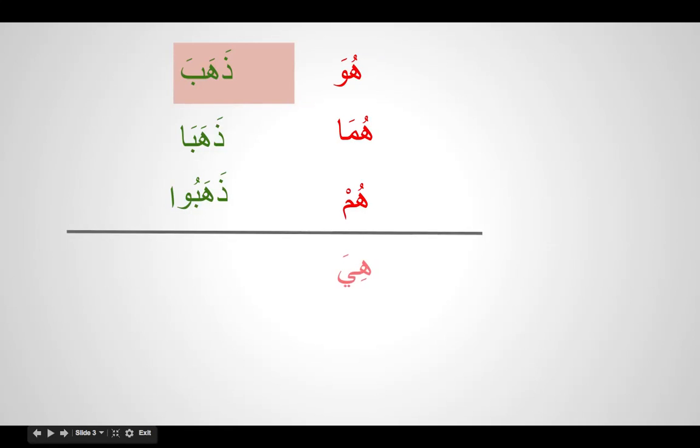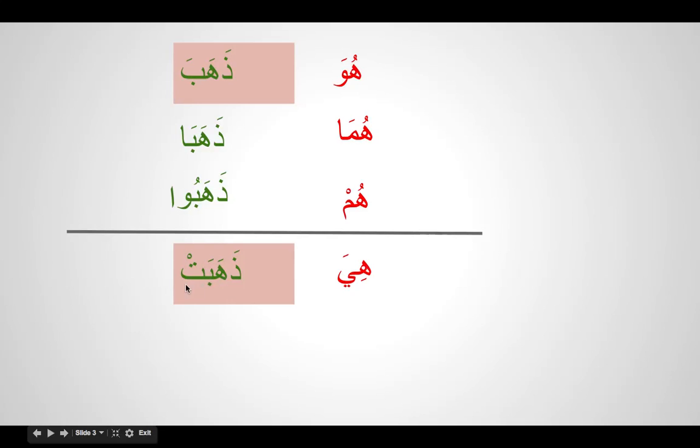Zahaba means we can actually see the sign that there are two people who have gone. Hum zahabu, the waw tells us that all those men have left, and the sign is waw, and the sound is u, zahabu, and this alif is the writing rule. And here, zahabat, this is also a pure verb form.